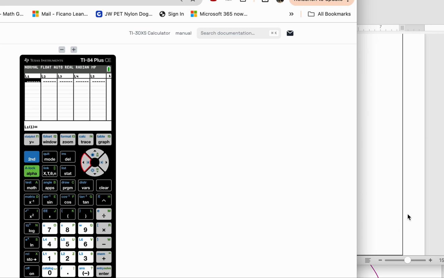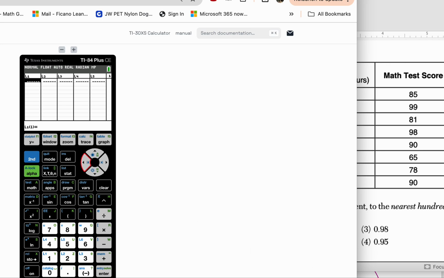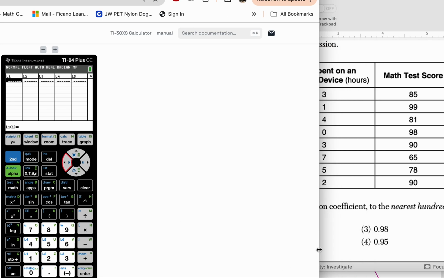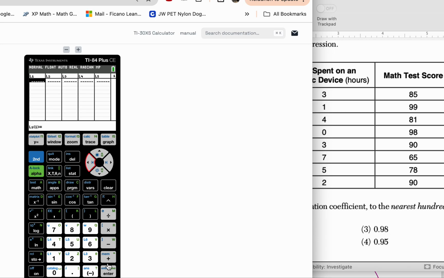Let me see if I can move this over so I can see it at the same time. So I have 3, 1, 4, 0, 3, 7, 5, 2.